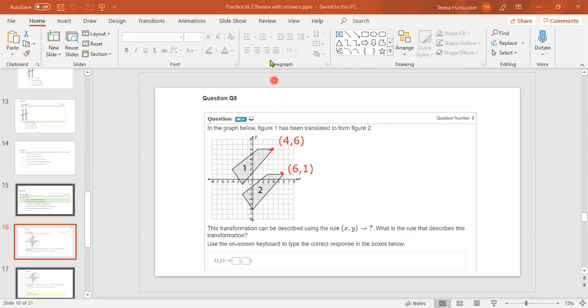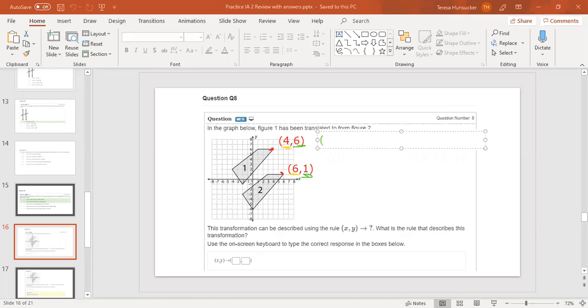If you look at the x coordinates, we'll start with them. They move from 4 to 6, okay? And the y coordinates change from 6 to 1. The figure hasn't turned or flipped. It's simply slid.